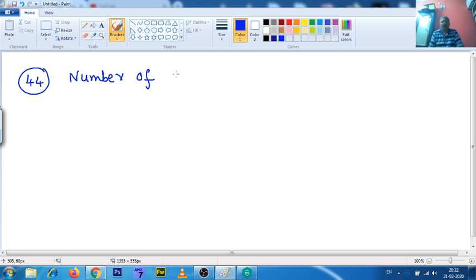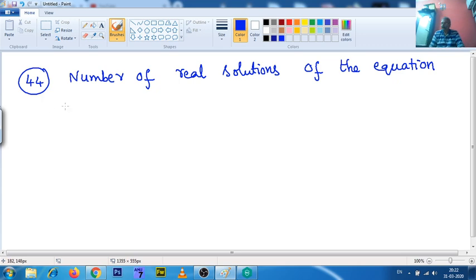Okay, fourth, number of real solutions of the equation x square minus 3 mod x plus 2 is equal to 0.